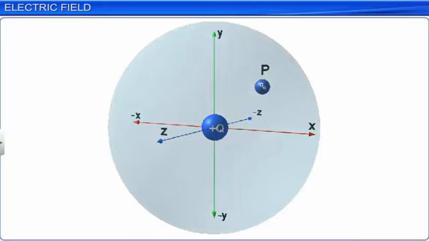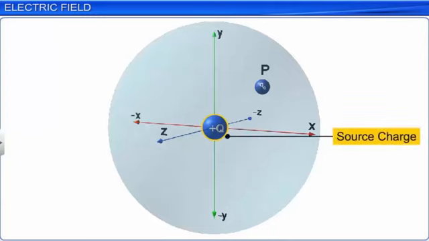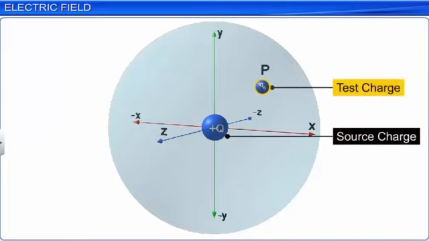An electric field is a region in which the influence of a charge is felt. Since charge q produces this electric field, this charge is called the source charge. Charge q0 is called a test charge as it is used to study the effect of the electric field created by charge q.